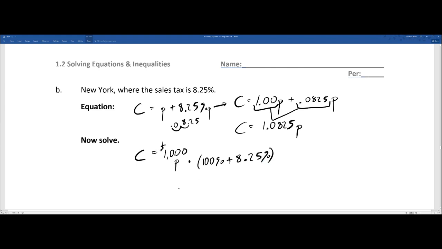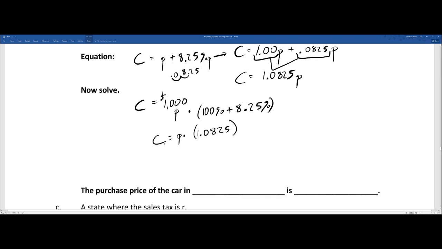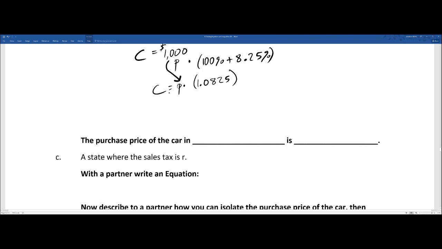So you could also say price, and this is what you use in the calculator, 100% plus the 8.25%. So find me the cost after taxes for a $1,000 computer. So go ahead and plug that into your calculator. Again, P is the 1,000. And this over here is after the taxes.